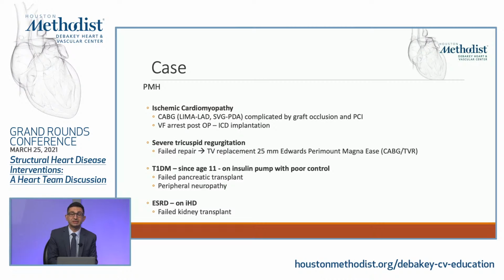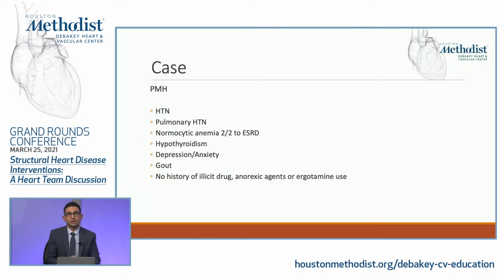She's type 1 diabetic since age 11 on insulin therapy, and she is a failed pancreatic transplant. End-stage renal disease and a failed renal transplant, currently on hemodialysis. Also, hypertension, pulmonary hypertension, normocytic anemia, hypothyroidism, depression, anxiety, gout, and there was no history of illicit drug use, anorexic agents, or ergotamine use.